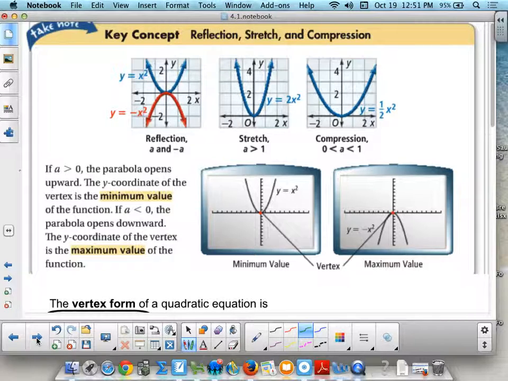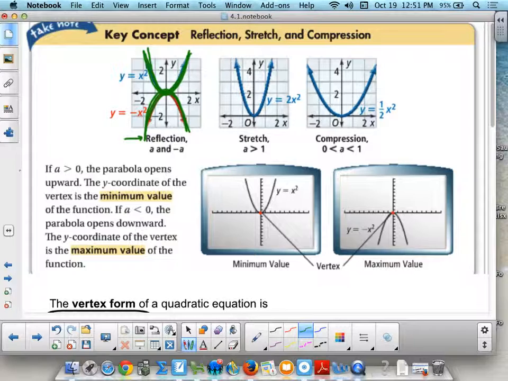Just a quick shot at reflections and a quick shot at stretch and compression. Okay? First of all, this is the parent right here, x squared. Negative x squared. What does negative x squared look like? Take the parent and just reflect it. So if this is the parent x squared, then negative x squared would just be the same thing upside down.